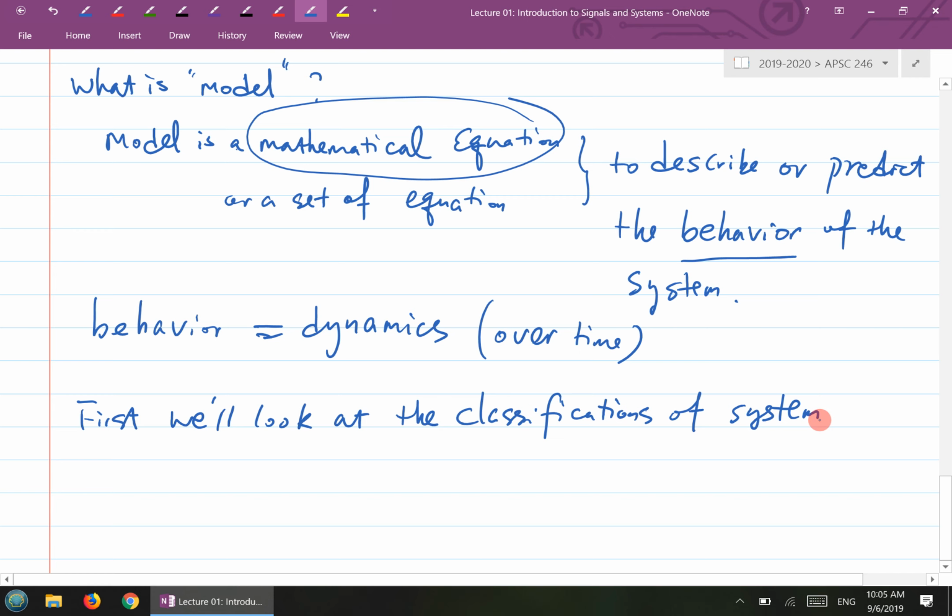And we're also going to look at some properties of the system. So, what's the typical property of a system? And how do we typically classify systems? That's what we're going to start with.